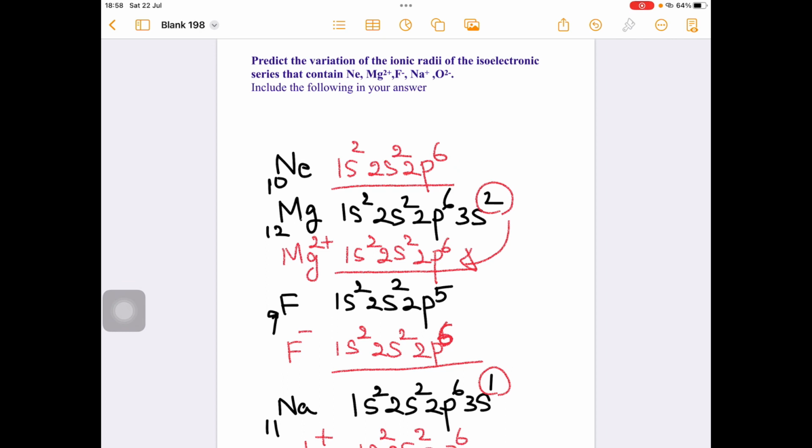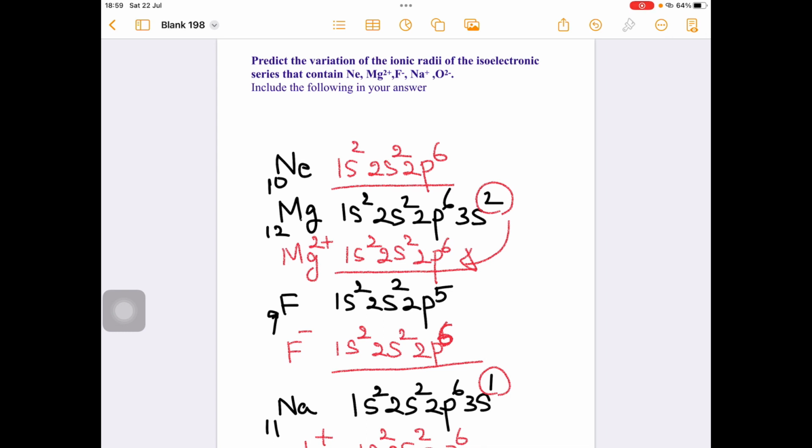Now, as you can see, the number of electrons remains the same in all of these ions and the neon atom. So the number of electrons is not a factor we can use to make a comparison. So we have to consider the charge, whether it's neutral or charged, whether it's a cation or anion. You should know that when the positive charge is high, the electron cloud is dragged more towards the nucleus.